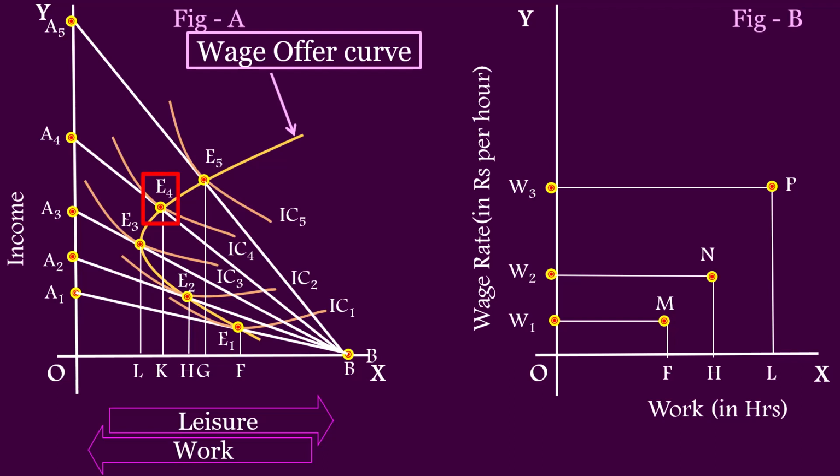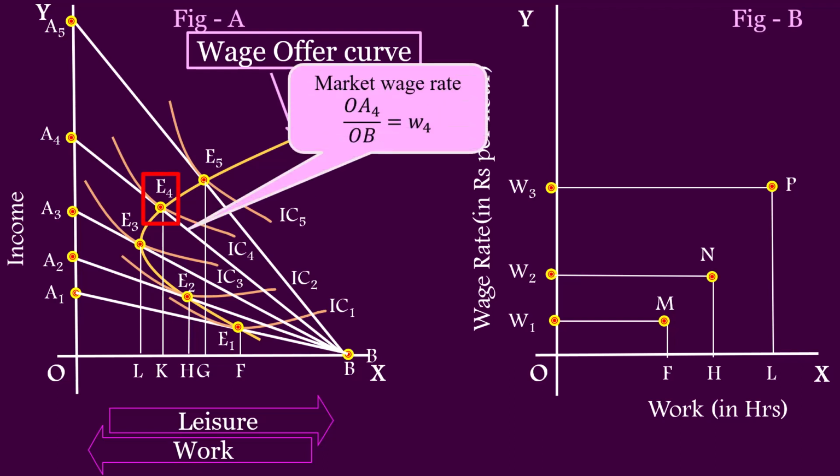At equilibrium E4, the wage rate is OA4 by OB, W4, and the laborer supplies BK hours, that is K hours of work. KW4 is another point on the supply curve of labor.